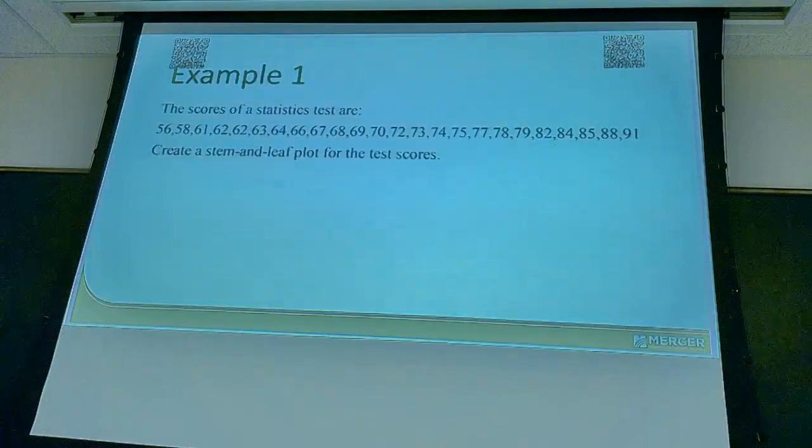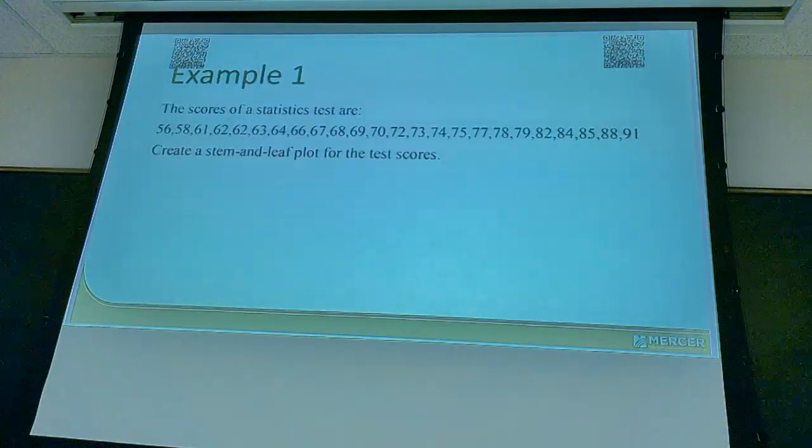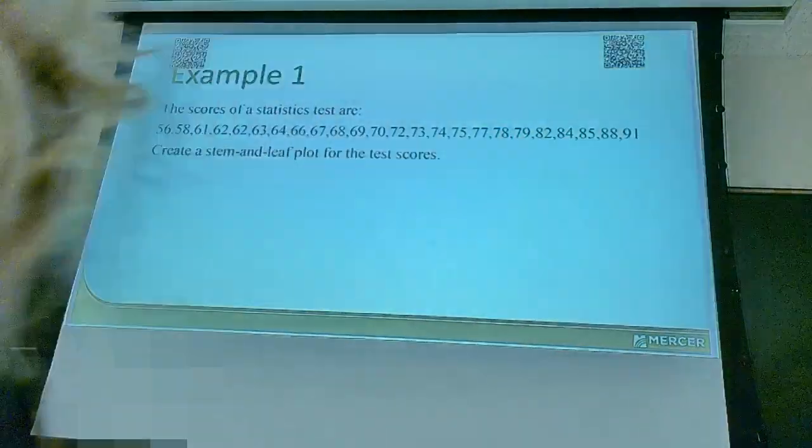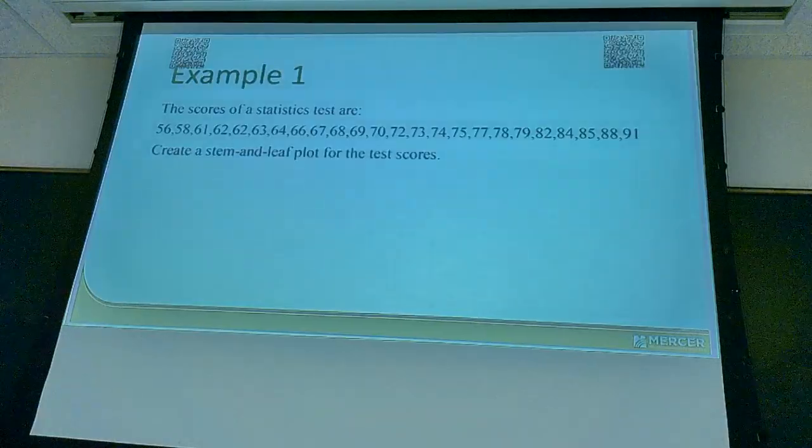So here we have scores of a test. And we'll just create a stem and leaf plot by hand. Like with the frequency table, where we didn't want to create classes that were empty, you also don't want to have stems that have no leaves.